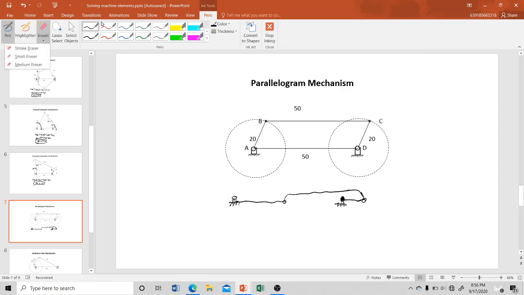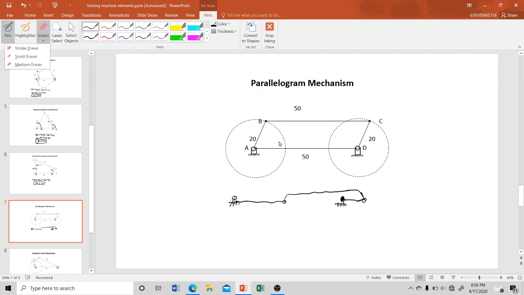If extreme care is taken, linkages can continue behaving as a parallelogram. However, in some cases the linkage can flip into an anti-parallelogram. If the dimensions are perfect, it flips into an anti-parallelogram mechanism.